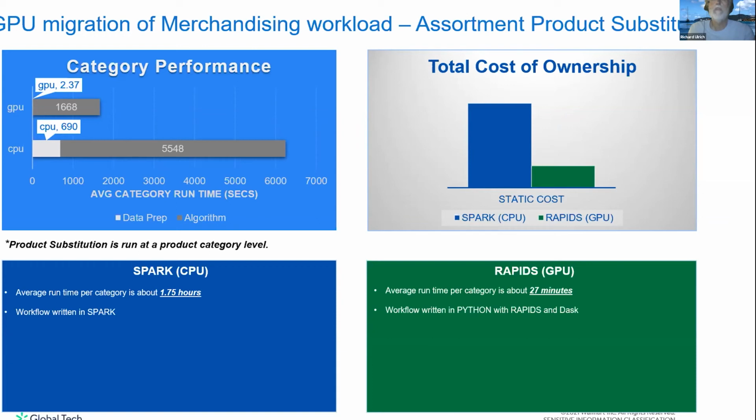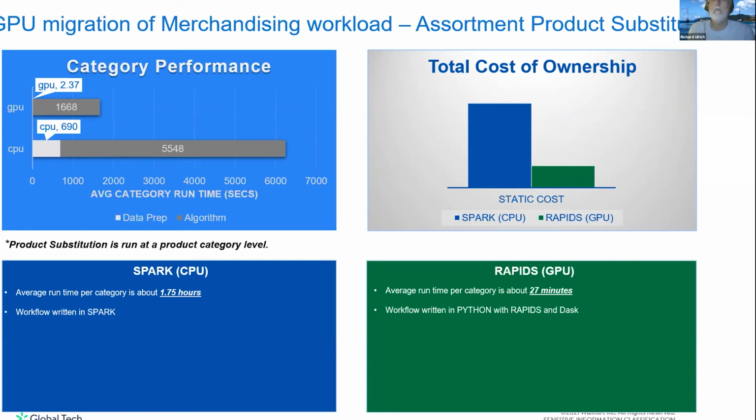This was something that again took a very long time to run. Per category, it took about an hour and a half, almost 2 hours to run. We have about 2,000 or 3,000 categories, so this was very time intensive. We actually converted the entire algorithm to run utilizing Rapids.